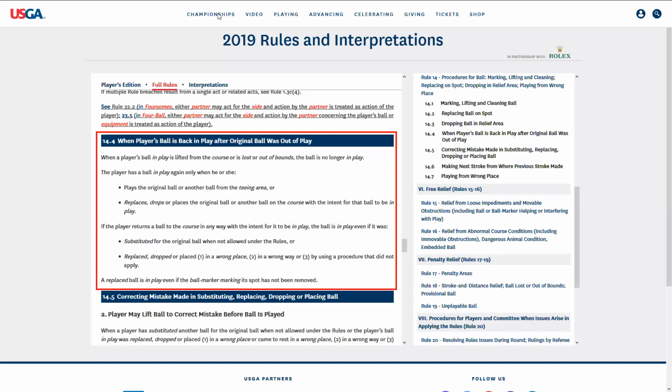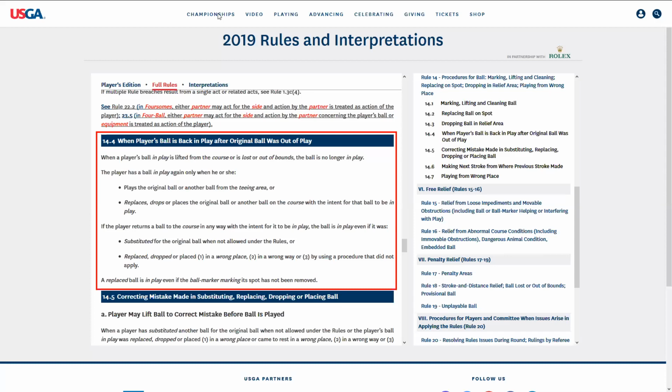So what that means is if you pick up your ball to go back to play from where your previous stroke was made, and it is in the teeing area, and you go back and you drop your ball, you don't drop it from shoulder height, you drop it from knee height, you drop it in the teeing area, this would say that the ball is in play.